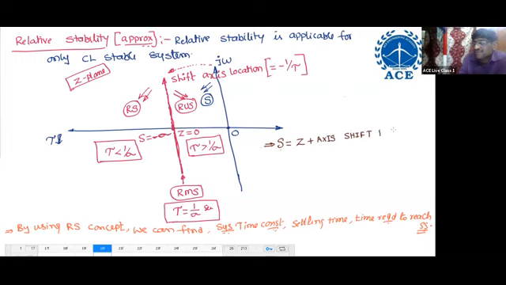For example, if the axis is shifted to -1, S equal to Z minus 1. That's all.